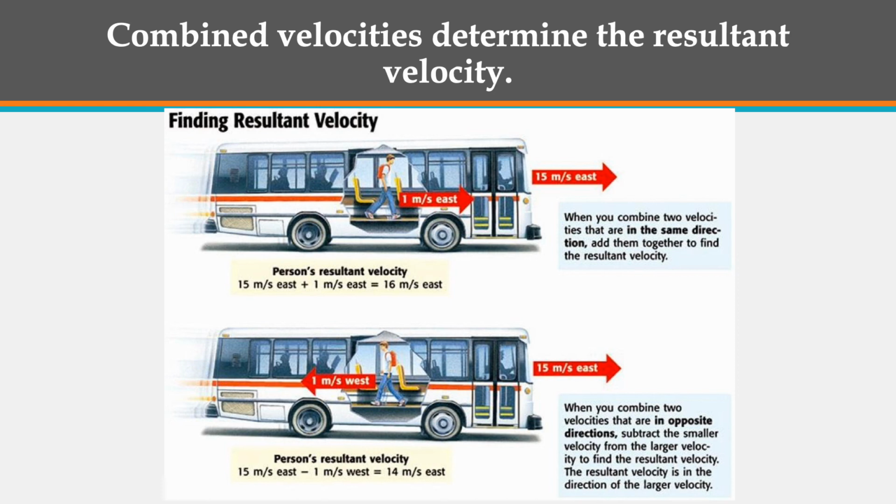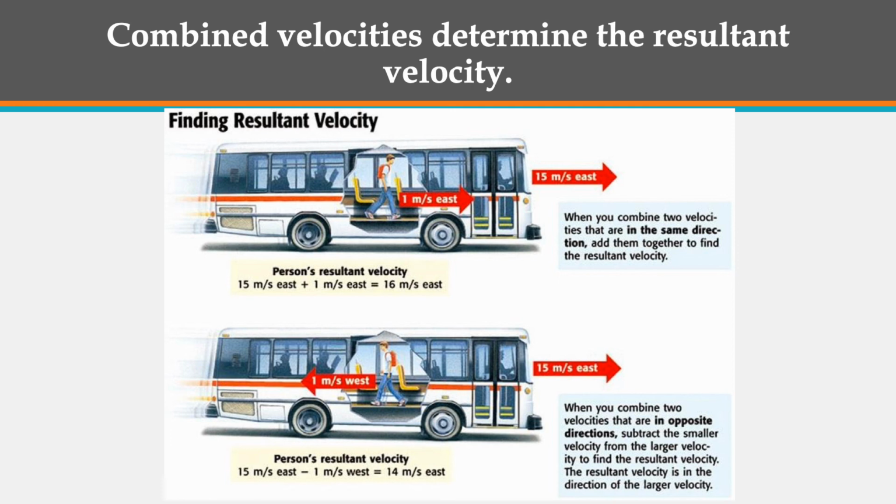The bus is moving 15 meters per second to the east. The boy is also moving 1 meter per second to the east. So to calculate the final velocity or the resultant velocity, we add 15 plus 1 equals 16. This is the person's resultant velocity.